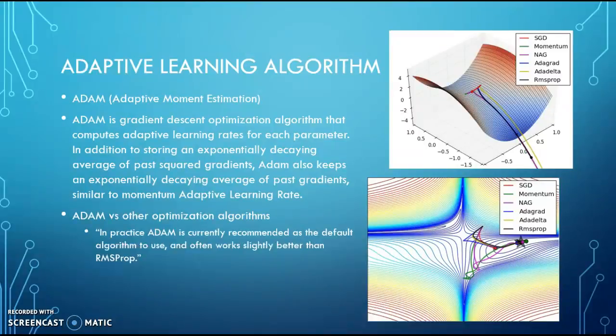In addition to storing an exponentially decaying average of past squared gradients, similar to the AdaDelta or RMSprop learning algorithms shown in the GIFs, ADAM also keeps an exponentially decaying average of past gradients, similar to momentum. According to Stanford's Neural Networks course, quote, "In practice, ADAM is currently recommended as the default algorithm to use, and often works slightly better than RMSprop.